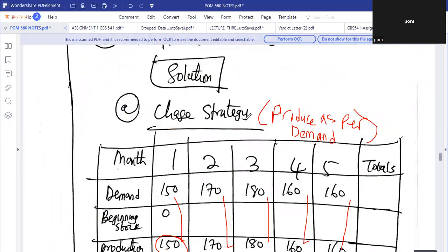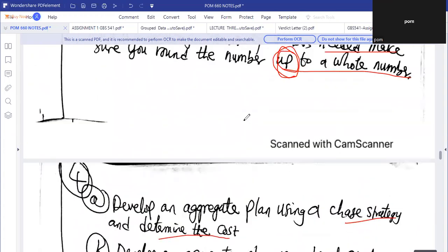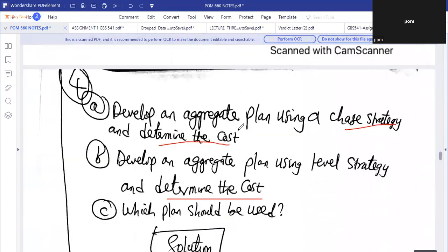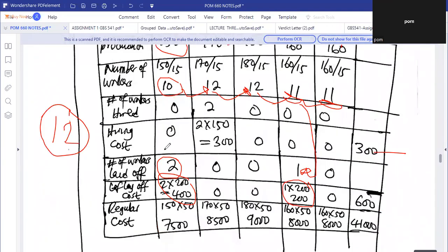From here, we really need to understand how the costs are determined. For the chase strategy, there are only 3 major costs: the hiring cost, which is this one, then the layoff cost, which is this one, and the regular cost, which is this one.